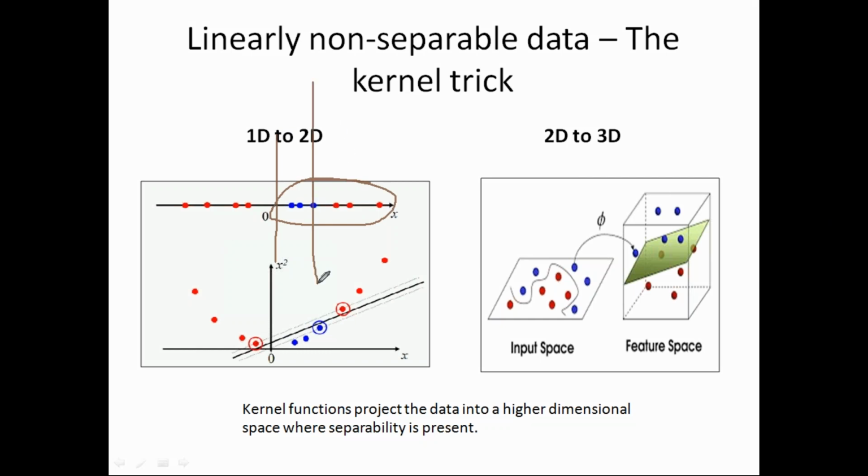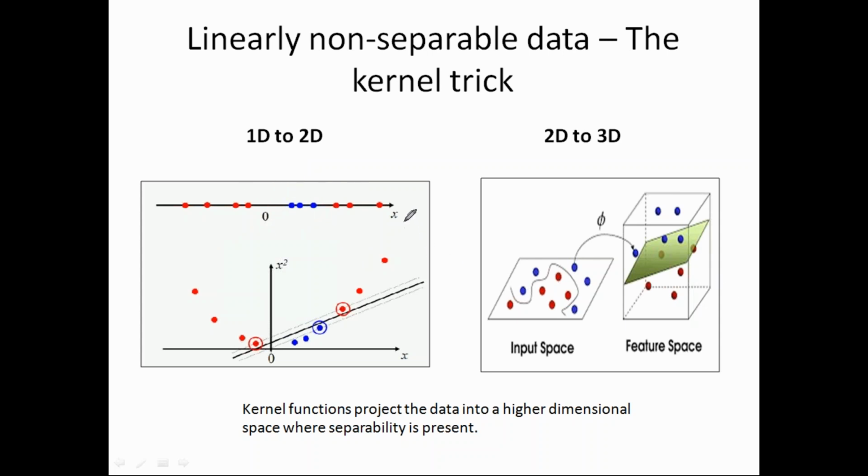If I make this as a boundary, then also there is huge misclassification here. So what to do? I cannot make a linear boundary here. I have to make some boundary like this, so that the outside world is red and the inside world is blue, isn't it?